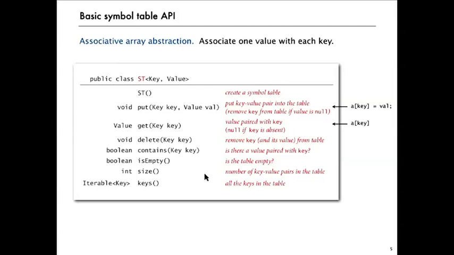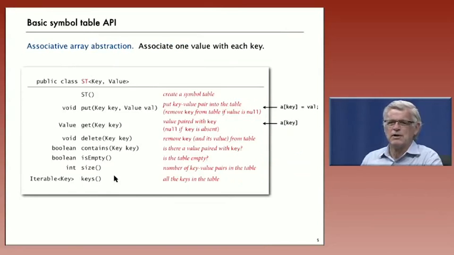We also want to know if the table is empty and its size. And then another thing that you might want to do is iterate through all the keys in the table. So those are the basic operations that we're going to want to implement to get the associative array abstraction. And then there are many, many possibilities for clients, and we'll look at some later on.